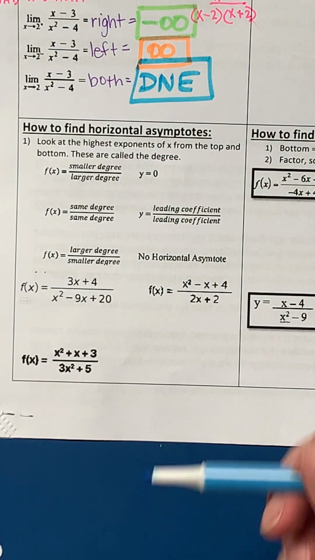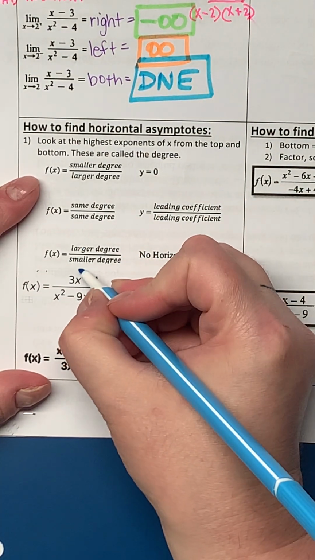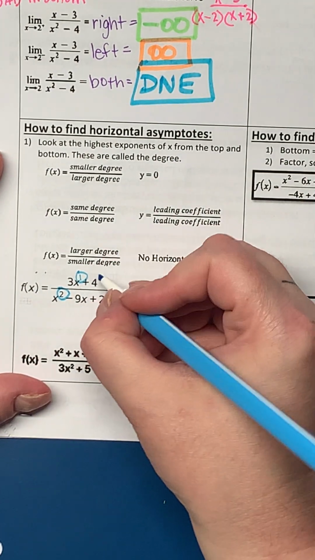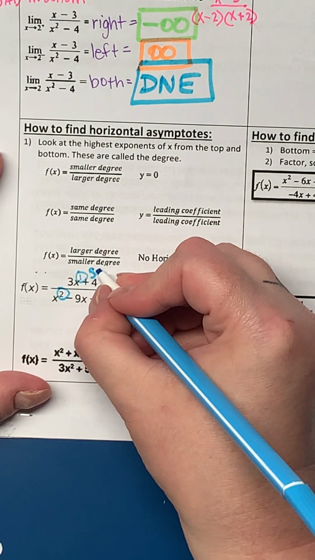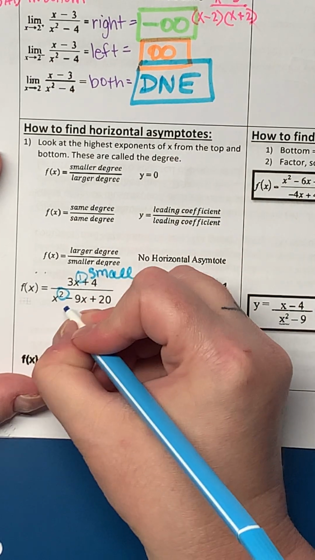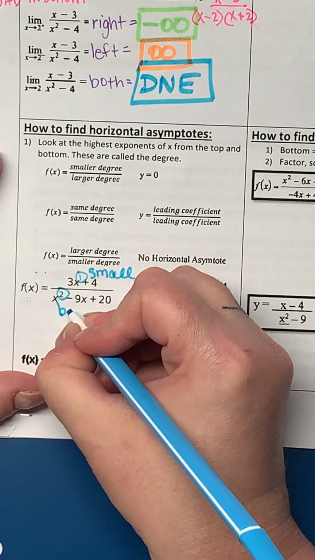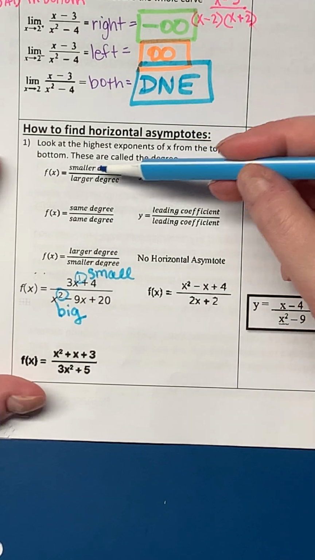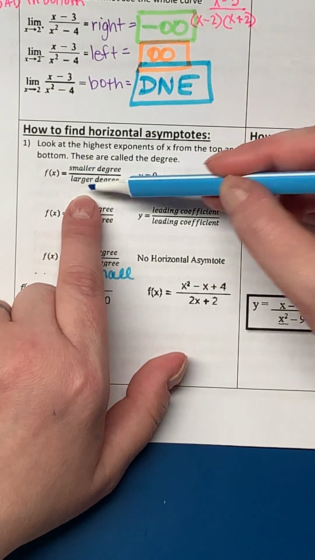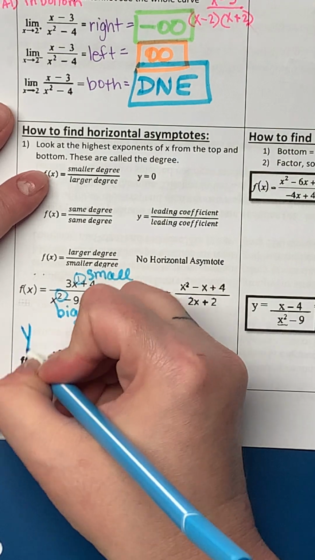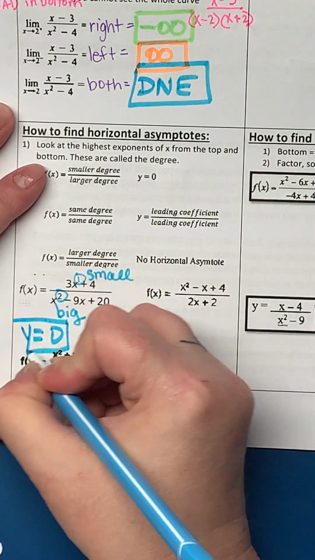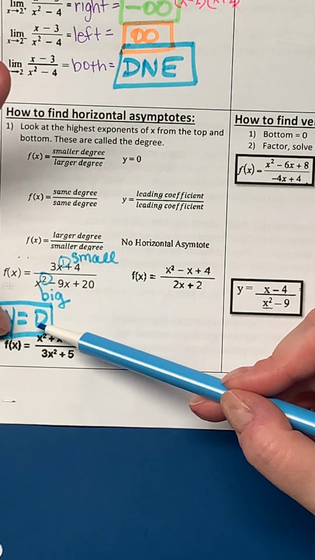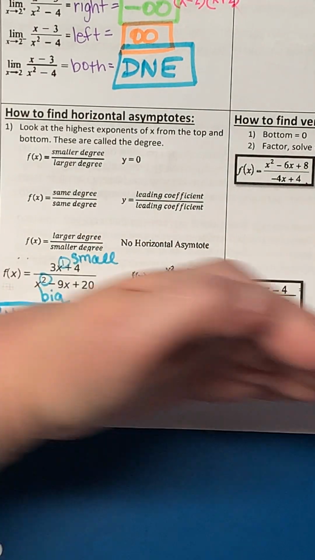If I look at this first one, the highest exponent on top is 1. The highest exponent on bottom is 2. So that means the exponent on top is smaller than the exponent on bottom. So we have small over big. So small over big means small over larger, y equals 0. Every single time. So if your exponent on top is smaller than the one on bottom, y equals 0 is your horizontal asymptote.